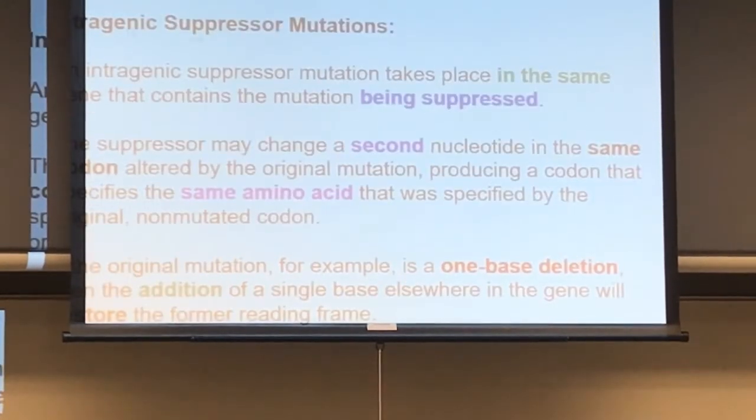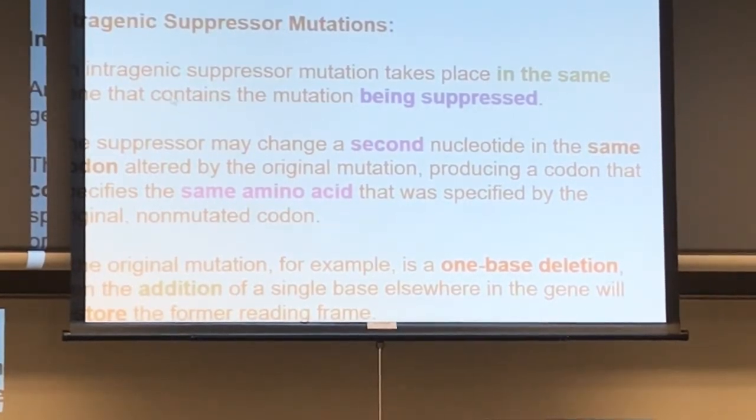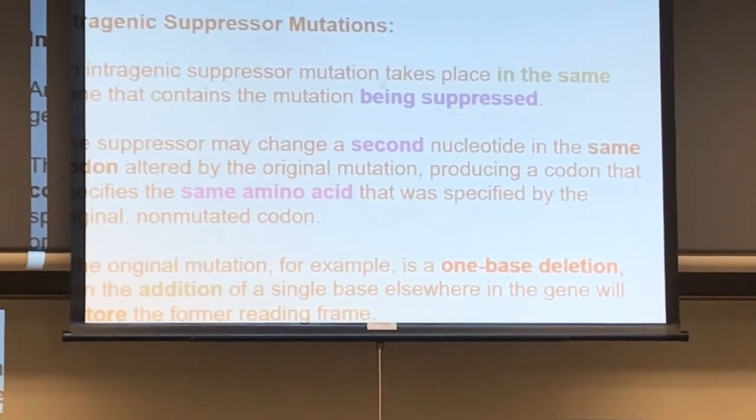An intragenic suppressor mutation takes place in the same gene that contains the mutation being suppressed. So first is the mutation, then you change another nucleotide within the same codon, for example, that puts the amino acid back in place.